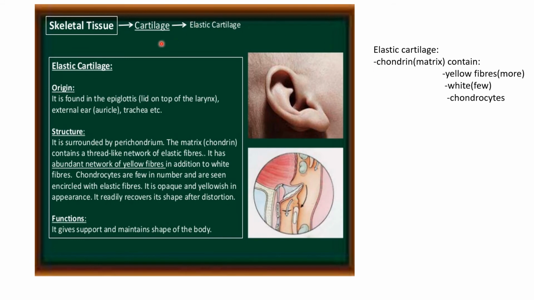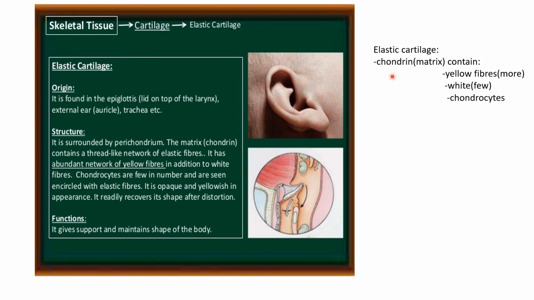Now moving on to the elastic cartilage. It is found in the epiglottis, external ear, the auricle as we can see over here, and trachea. It is surrounded by perichondrium. The matrix, which is the chondrin, contains thread-like fibers known as elastic fibers. They are abundant in yellow fibers.